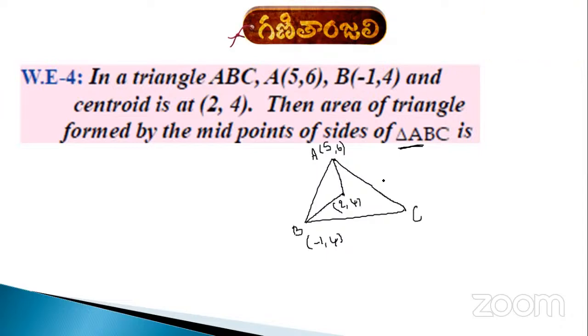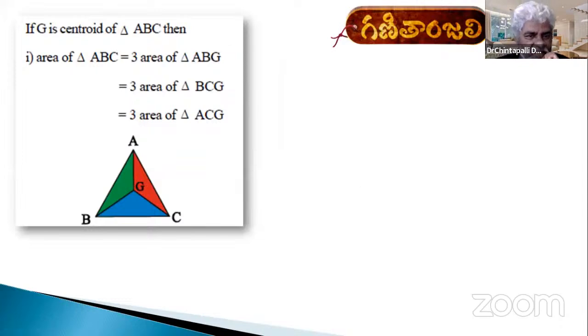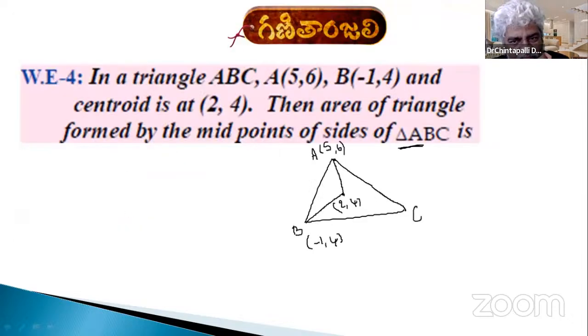We need not think about that. By using this formula, we can find the area of the green triangle. First of all, let's do it first. Try to find the area of ABG.